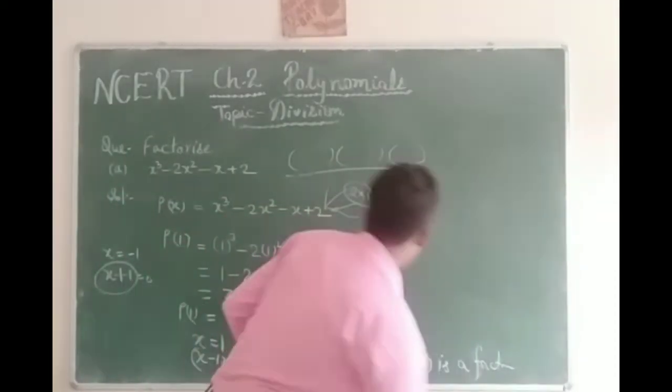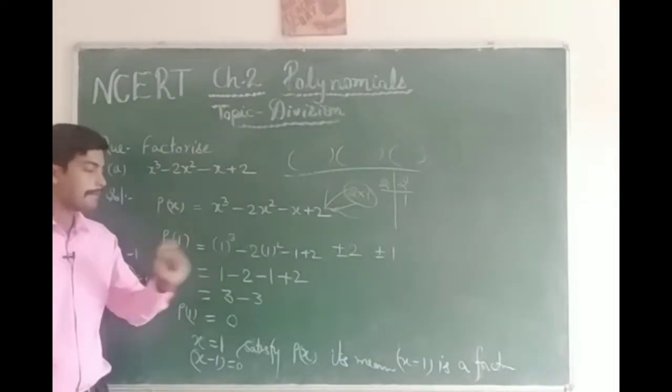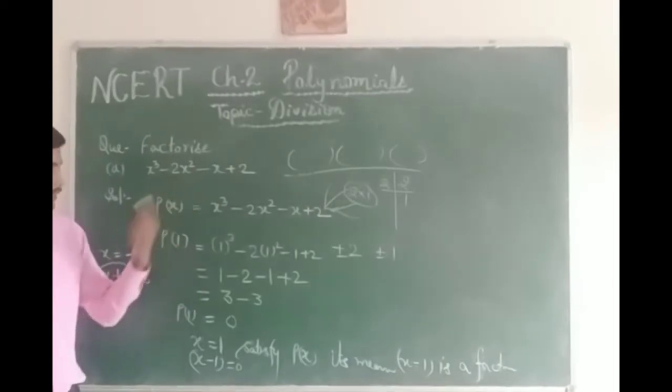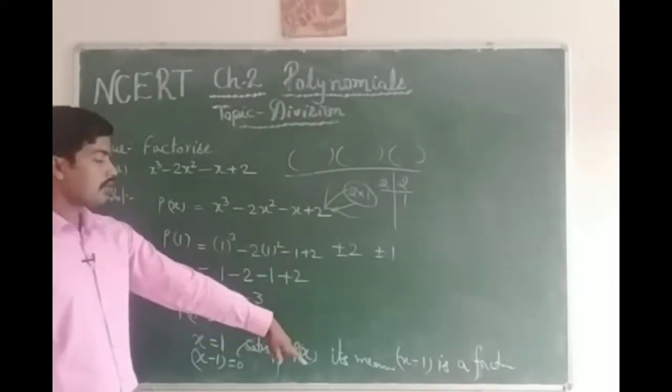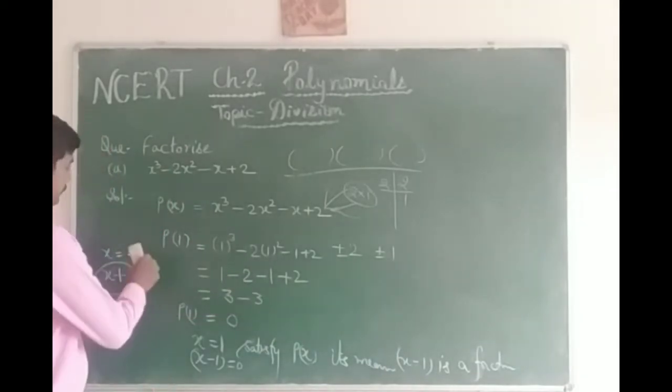Now when x minus 1 is the factor of this binomial, it means x minus 1 divides it completely. So we are going to divide this binomial by x minus 1.